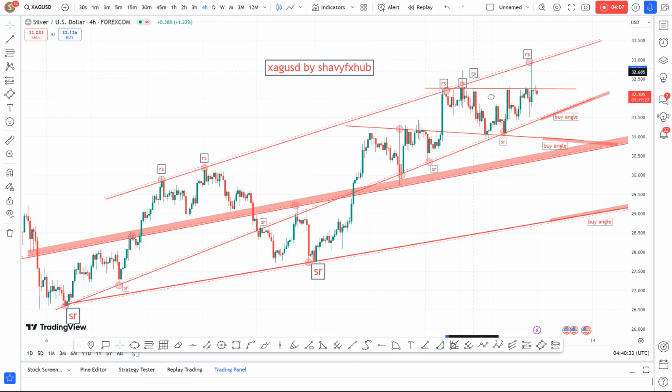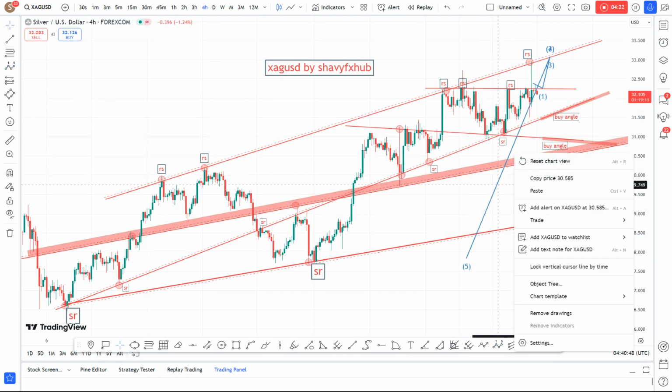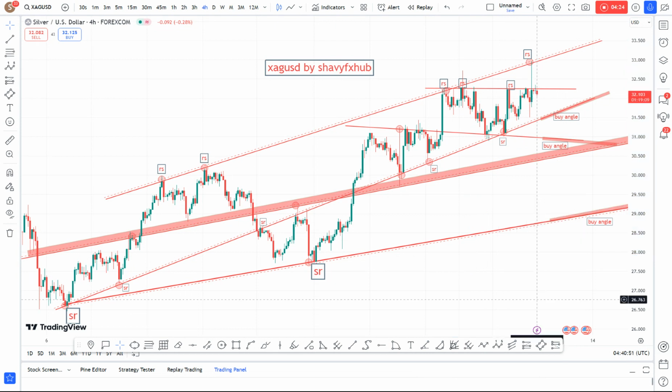On the roof side, we have a psychological resistance. To break above this resistance structure, on the close of a 4 hours candle, we see us go higher. But if we fail to print a new high, then we go lower.